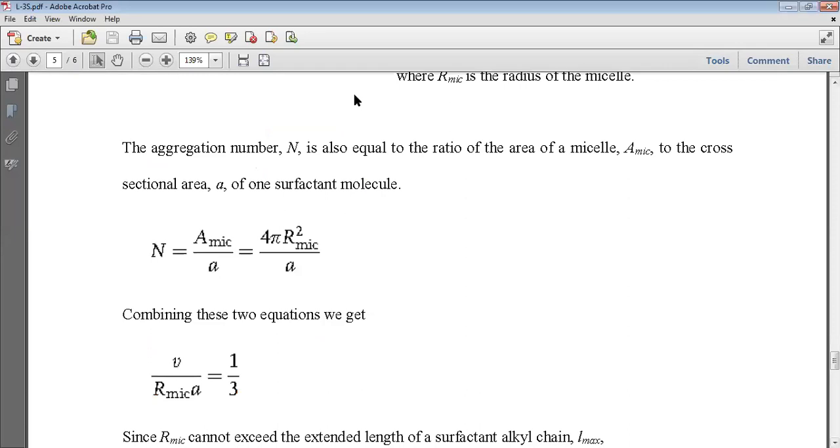That means you get the volume of the hydrocarbon tail of one surfactant molecule upon the radius of the micelle times the cross-sectional area of the surfactant molecule, which will be equal to 1/3 for a spherical micelle. We have already seen that this V upon R_mic a actually comes out to be equal to the packing parameter.